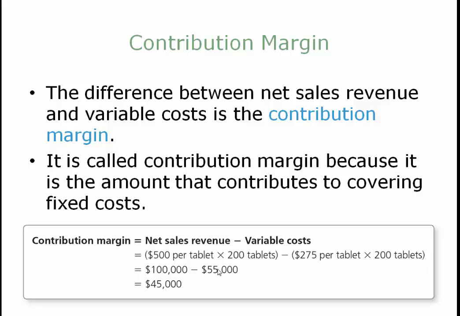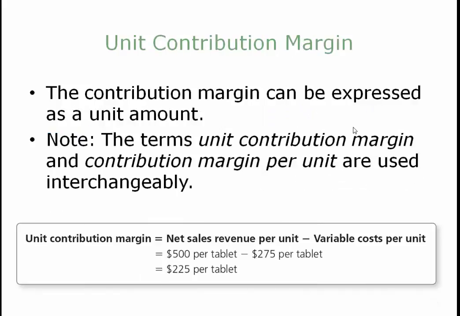So it says that our variable costs are $55,000, so our contribution margin is $45,000. Notice no fixed cost here. Okay? And if we look at it on a per unit basis, our contribution margin per unit is $225. It's the selling price less the variable cost per tablet.